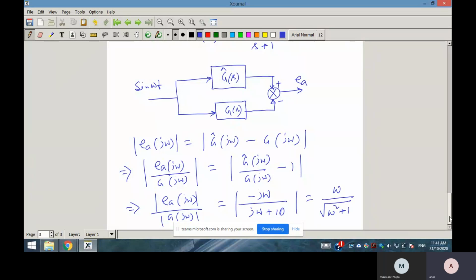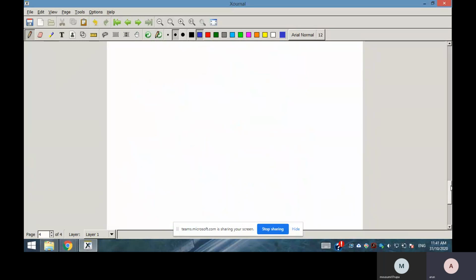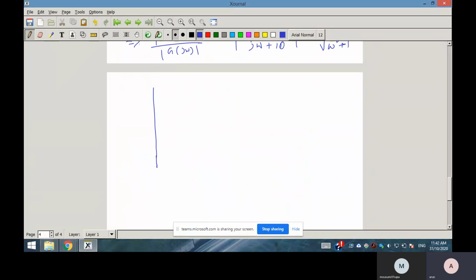So now if we plot the normalized error, how will it look? If we plot the normalized error, it will look like this. This is omega, this is the magnitude of the normalized error. This is suppose 1. So the plot will be like this.